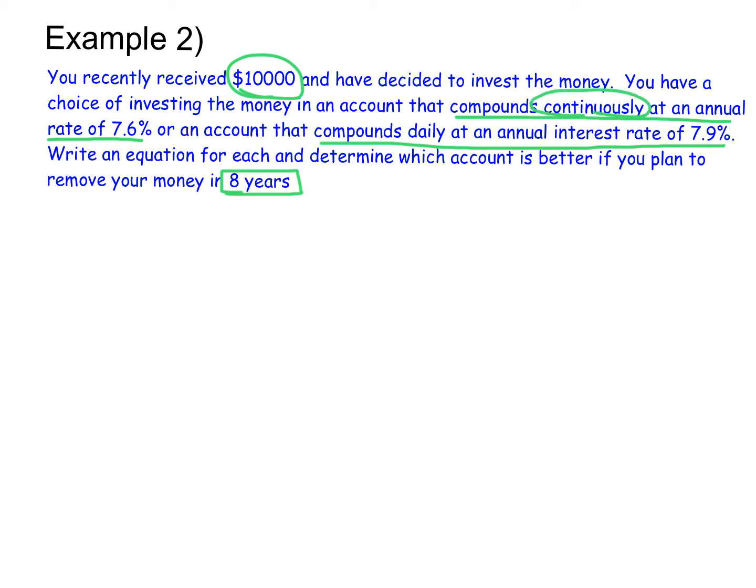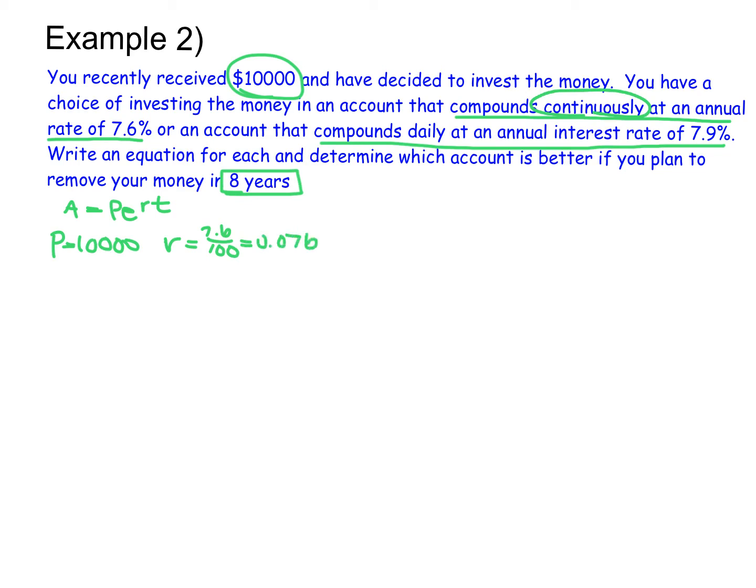Because I'm compounding continuously, I know I'm going to use this equation that's A equals P times e to the power of RT. So that's the equation I'm going to use. Now I need to find the values for P and R to start. So I know P is equal to 10,000 because that's the value that we started with, and R is equal to that 7.6 divided by 100, which is 0.076.